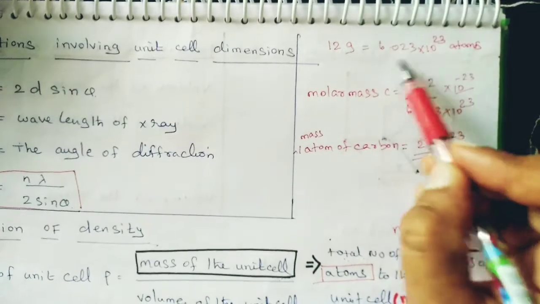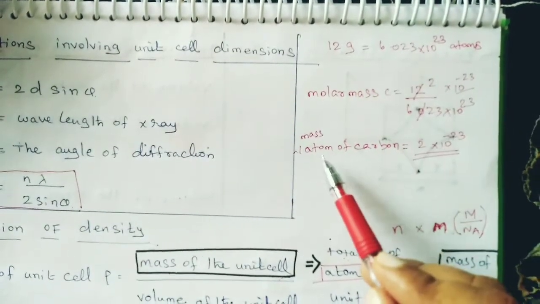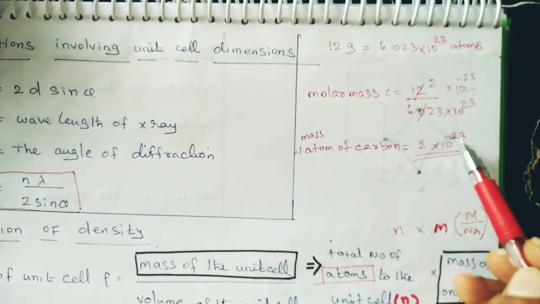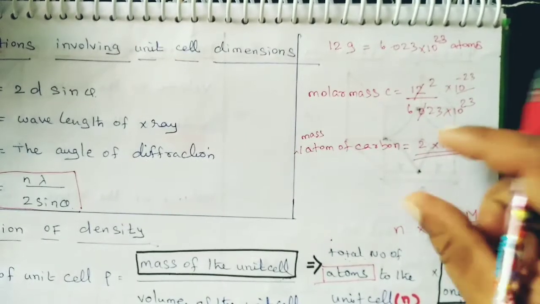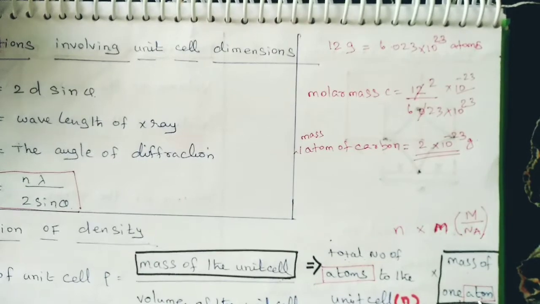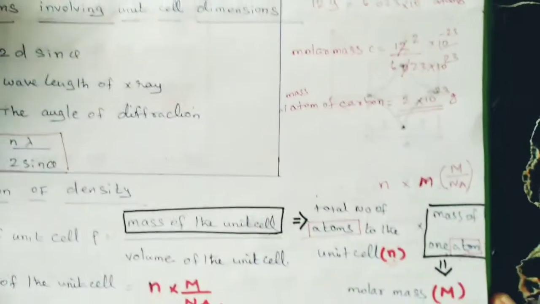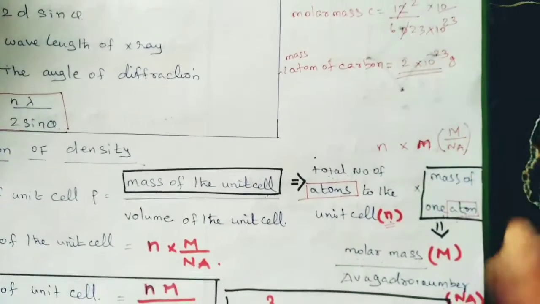This many atoms weigh 12 gram, then one atom weighs 2 into 10 to the power minus 23 grams. So the mass of one atom is calculated by molar mass divided by Avogadro number.